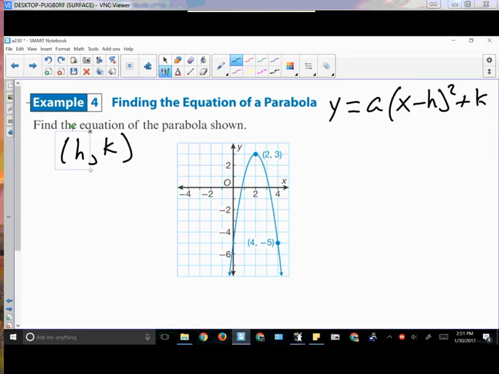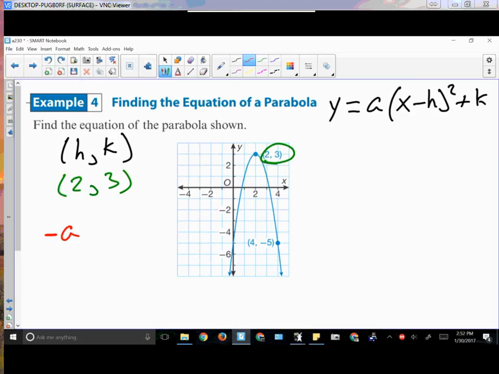Where is the vertex going to be? Well, the vertex is going to be right there, so that's going to be 2 comma 3. So I already know what those values are going to be. Now, on the a, is it going to be positive or negative? It's going to be negative because it's opening down. So I know that here, a has to be negative.